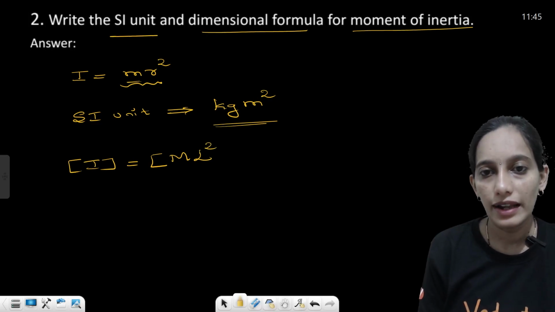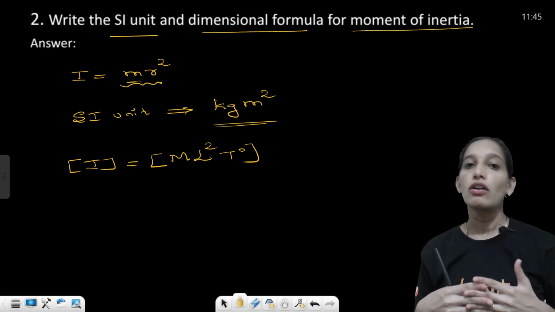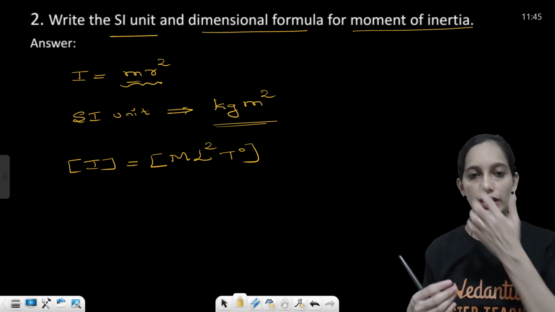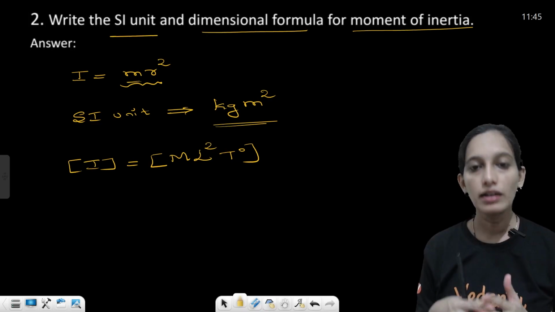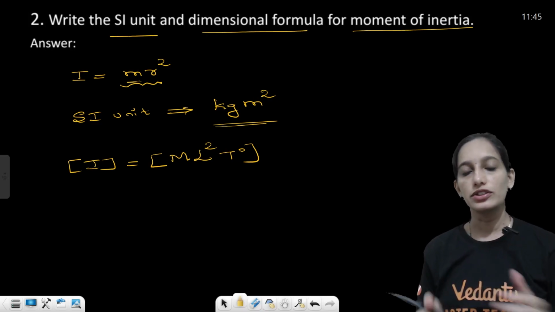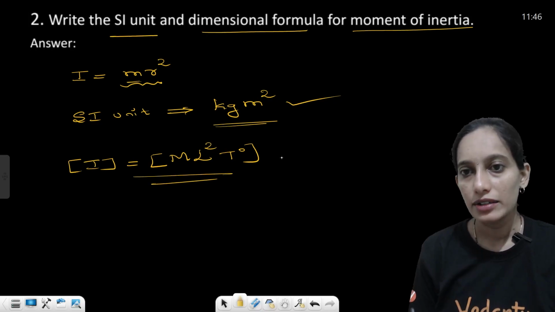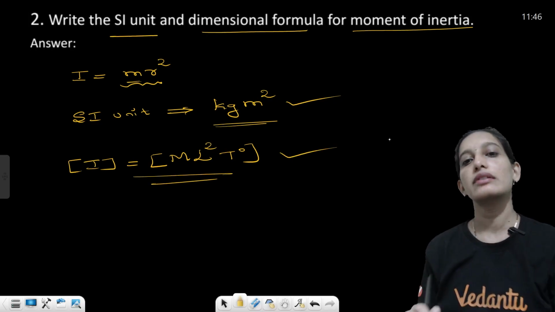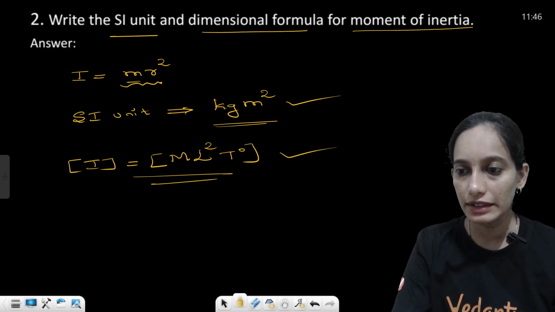So M L square T raised to 0, because there is no dependency on time in moment of inertia. So the dimensional formula for moment of inertia is M L square T raised to 0. If you write the SI unit you get 1 mark, and the dimension gets 1 more mark, so totally 2 marks. Hope it is clear.